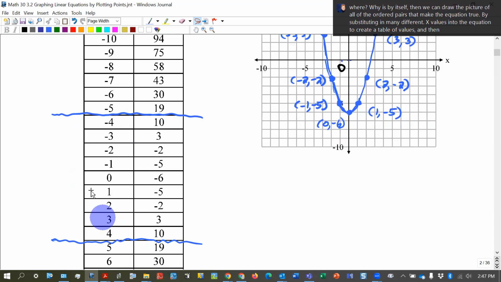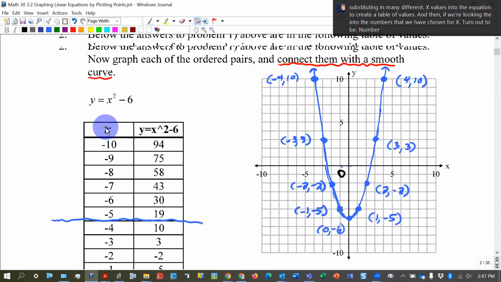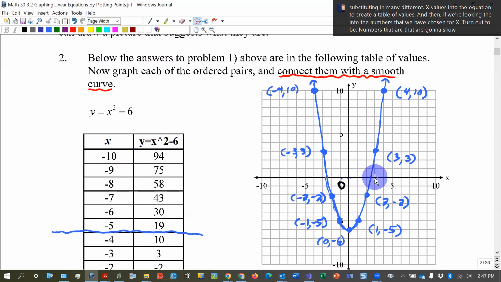And then if we're lucky, the numbers that we have chosen for x turn out to be numbers that are going to show the important part of what the picture looks like.